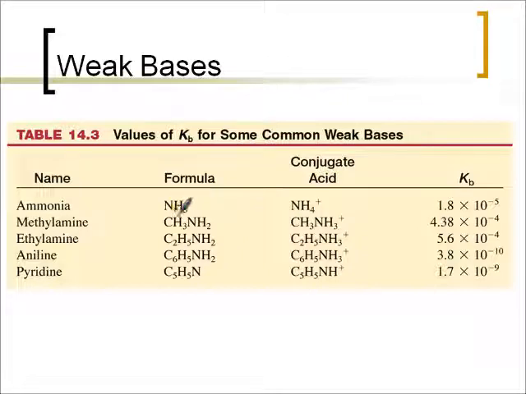What we mean by that is that NH3 can grab the H off of water much more easily than something like pyridine over here. Pyridine cannot take the H off of water as easily as NH3 can. So the larger the Kb value, the stronger the base, and the opposite, the smaller the Kb value, the weaker the base.